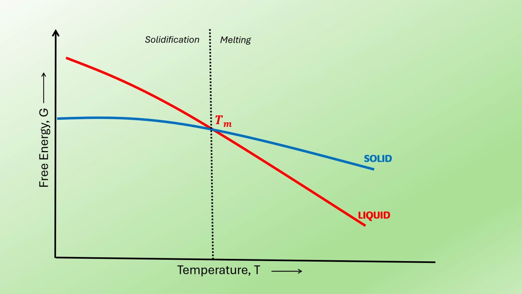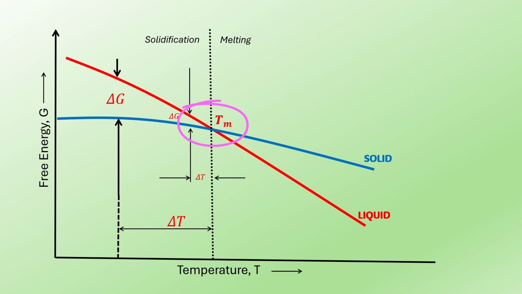Below the melting point, the solid curve lies below the liquid curve, which means solid is stable. Above the melting point, the liquid curve lies below the solid curve, which implies the liquid phase becomes stable. Thus, this intersection and equivalence of free energy explains exactly why melting happens at a fixed temperature under equilibrium. As we move away from the melting point, the delta G value also varies, as can be seen from the graph.